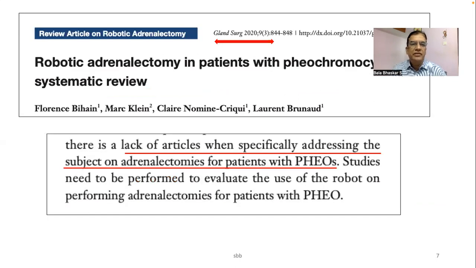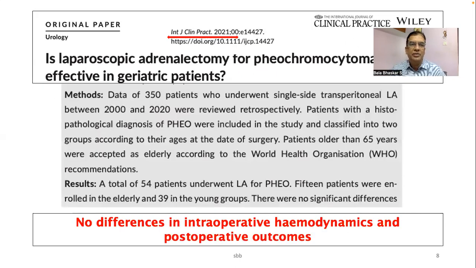This is another study which is trying to compare the effects of robotic adrenalectomy in patients with pheochromocytoma as compared to the laparoscopic procedure. There are not too many evidences for them to check and compare. They said that at this point of time, no comment can be made on robotic procedures in terms of adrenalectomies. And laparoscopic adrenalectomies have also been found to be useful in elderly patients.